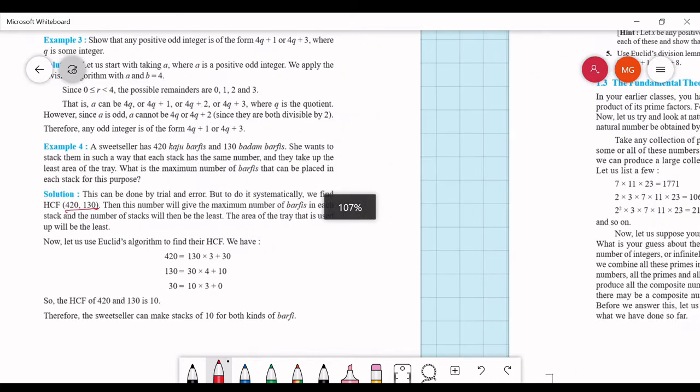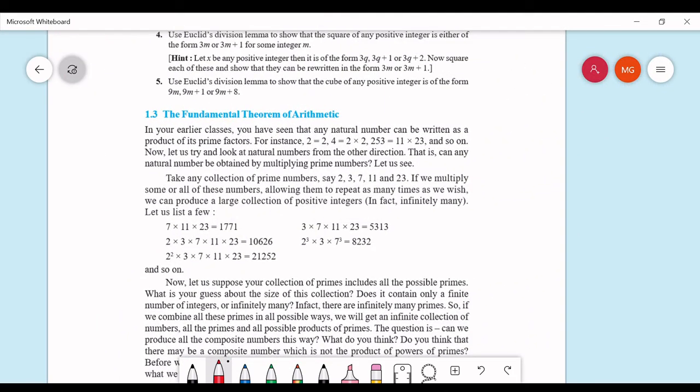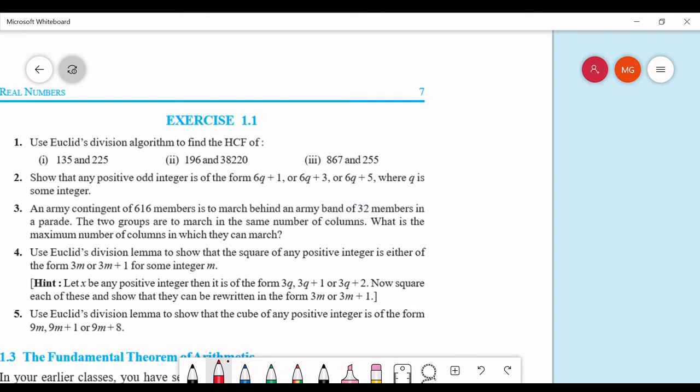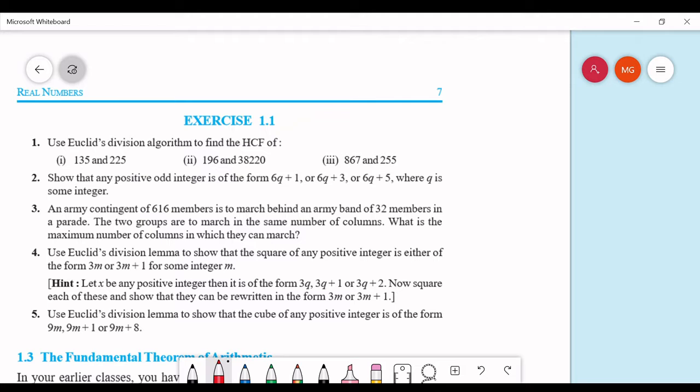So by Euclid's division lemma, I hope you understood that this is the division lemma. How can you write this?